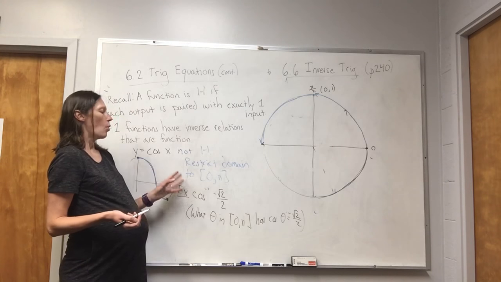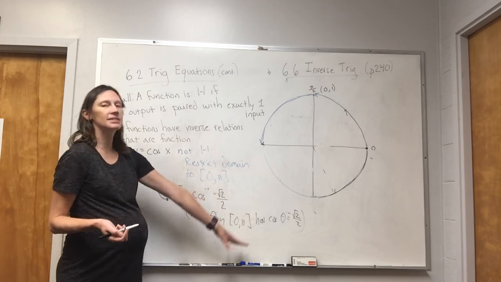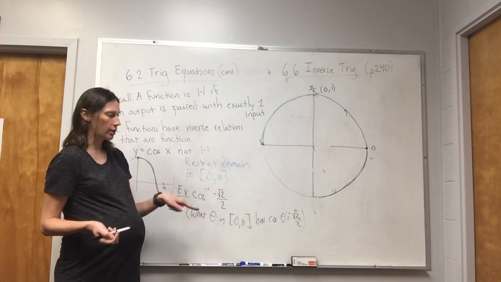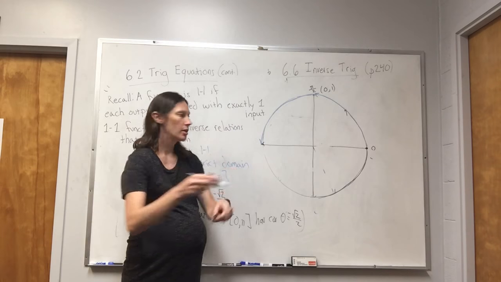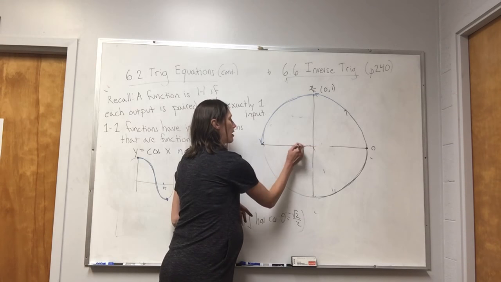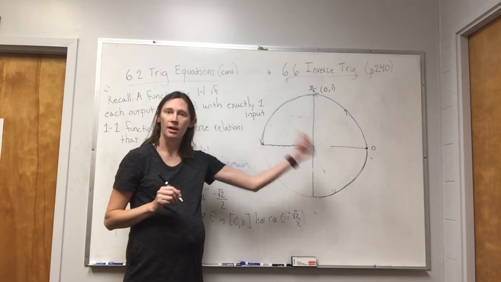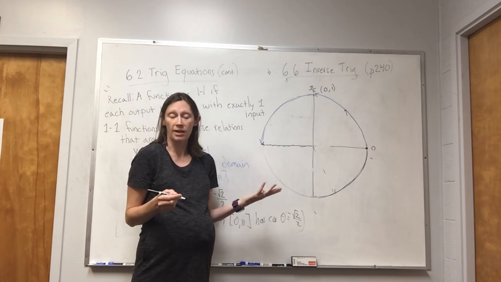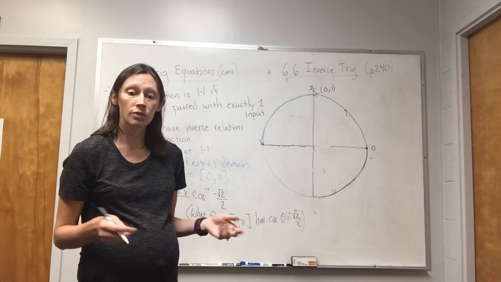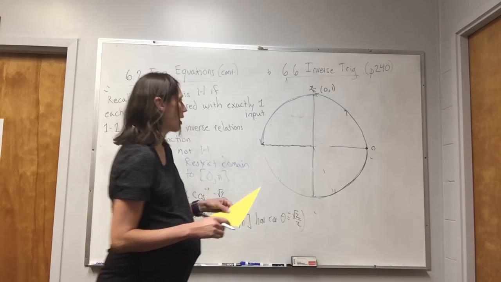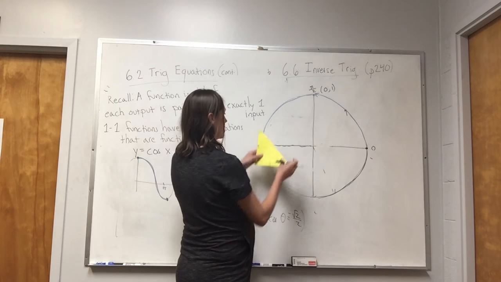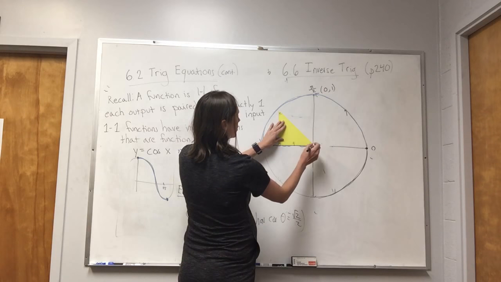So thinking about what angle has an x value when you draw the triangle of negative root 2 over 2, okay? It's negative. So it's going to be somewhere on the left of the origin, right? That's where the negative x values are. Negative root 2 over 2 comes from the 45, 45, 90 triangle. So I just have to make the x value be negative root 2 over 2.